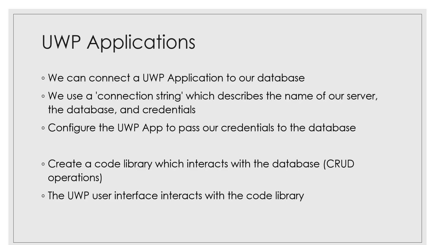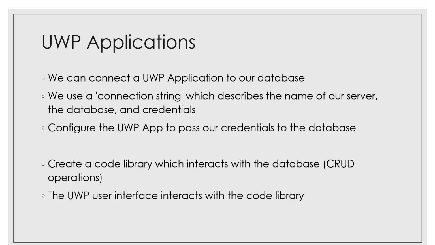It basically describes the server and our credentials to be able to talk to the server, okay? And then we'll configure our app to pass the necessary credentials to the database. Guess what? It's pretty easy at this point, okay? And even if you publish your app up to a web server somewhere, it's really not that much more difficult, right?